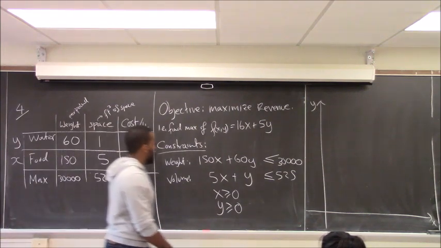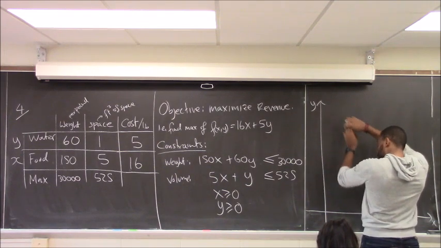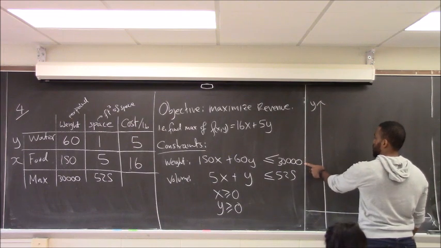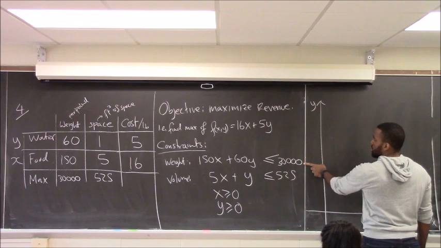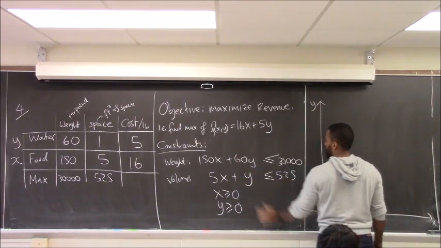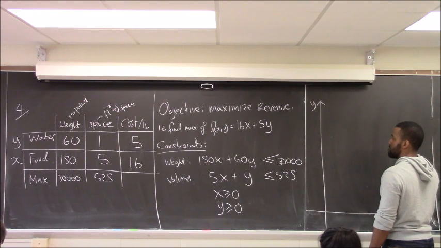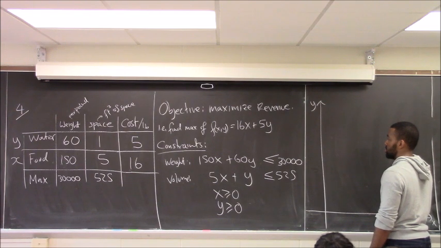Yeah, so let's go in and get this done. So our y, let's start here. If I plug in y equals 0 and solve for x, what do I get? 200.